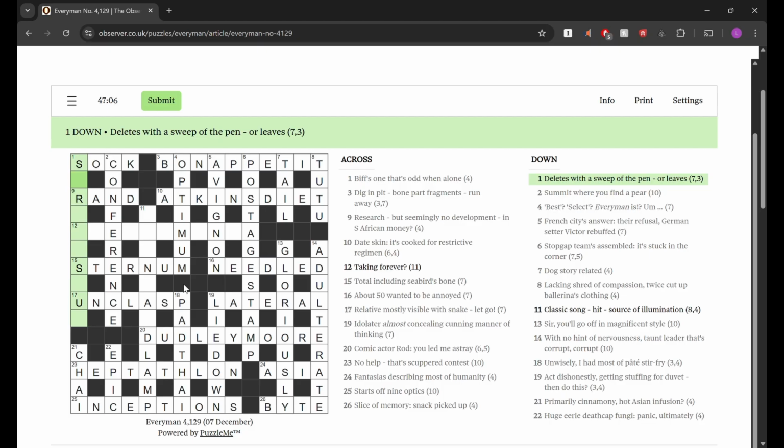Sweep of the pen, like a scribble, a streak, a strike? Strikes out? Does that work?